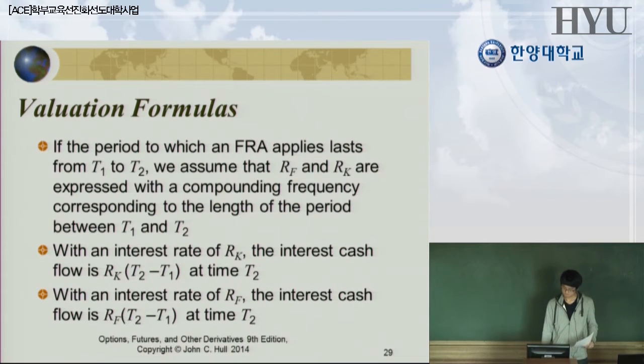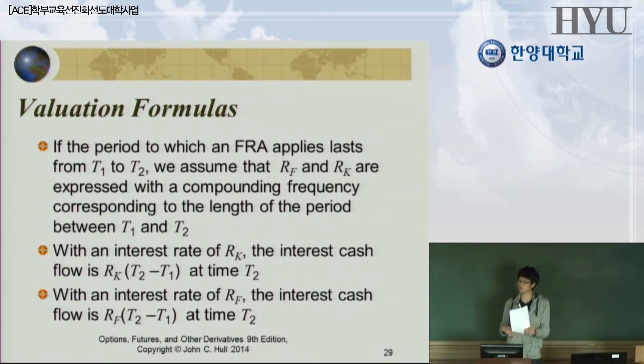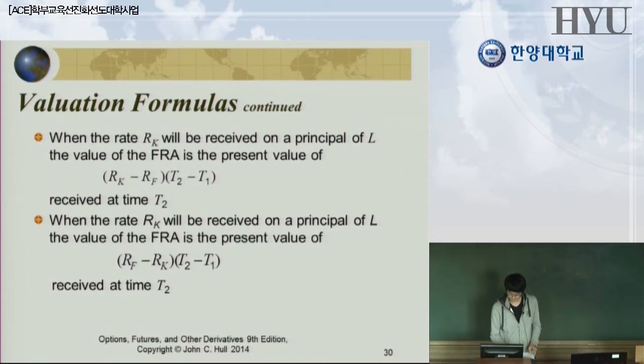So when the rate RK will be received on a principal of L, it should be (RK minus RF) times (T2 minus T1), received at time T2.